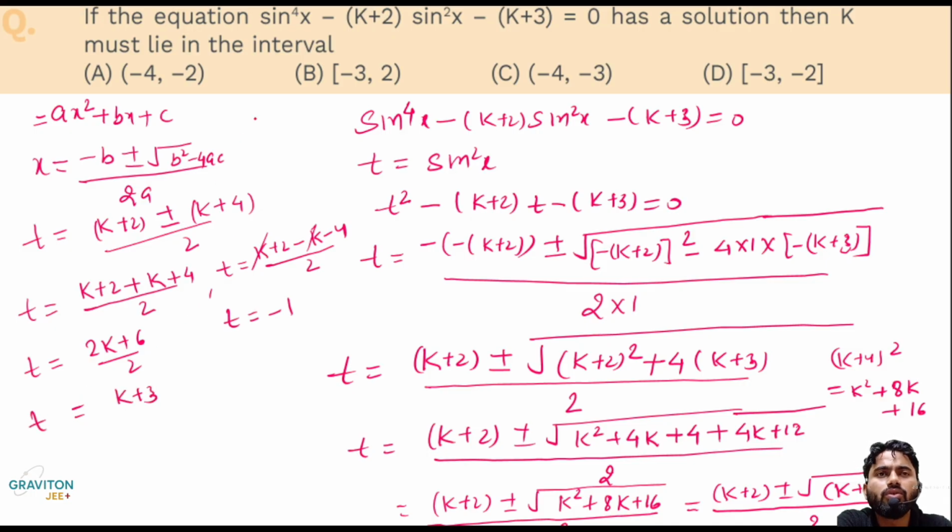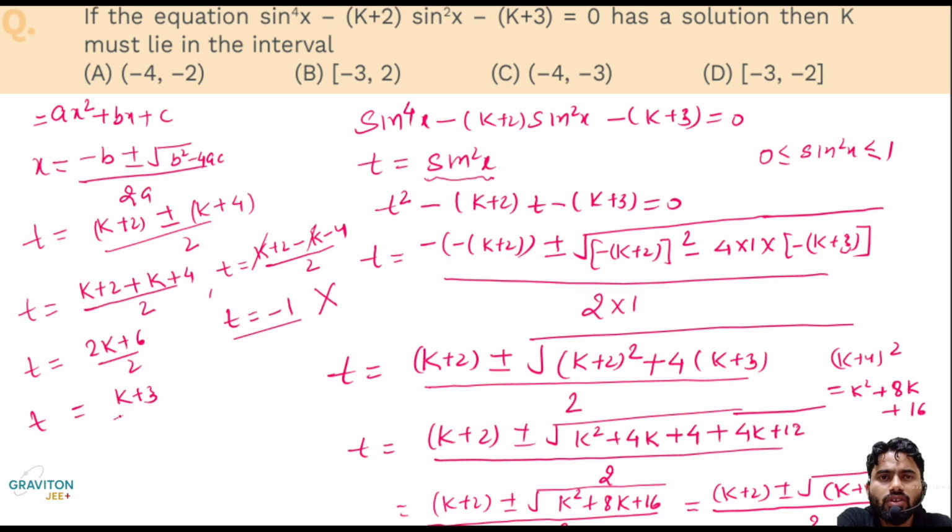Now you have to look that we assumed t equal to sin square x. If I ask you what is the value of sin square x, sin square x attains values between 0 and 1. So t equal to minus 1 is not possible because sin square x never attains minus 1.